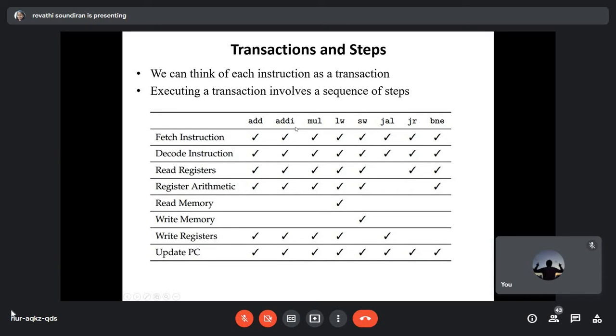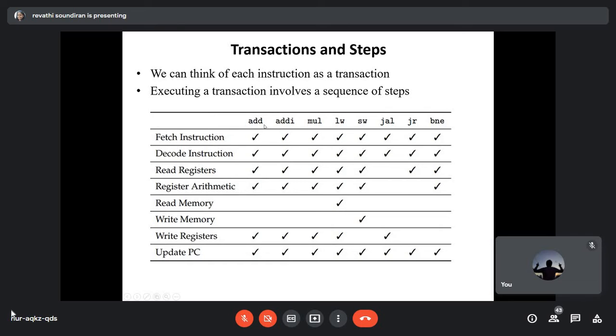How all three categories of instructions, and what transactions are involved in the sequence of steps, is tabulated here. You would find a difference between a register type, an immediate type and a jump type instruction. So this we have seen.